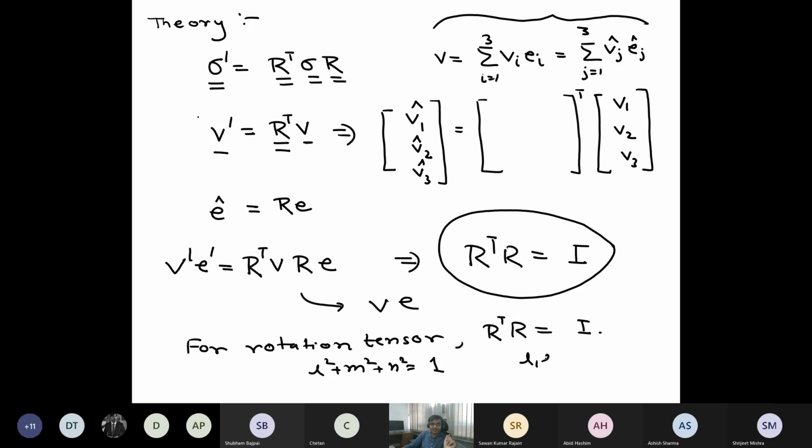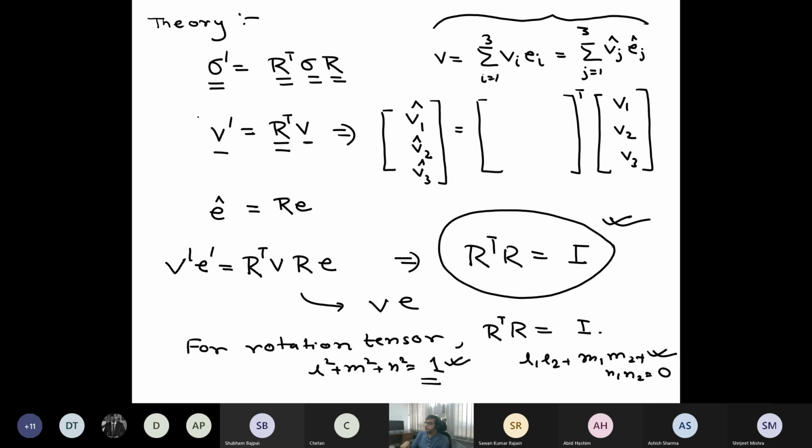And then l1 l2 plus m1 m2 plus n1 n2 is equal to 0. When you substitute that, all the diagonals become 1 and whatever is off diagonal becomes 0. So it is coming from the properties of direction cosines, not as a property of skew symmetric matrices. So this is why this is happening.